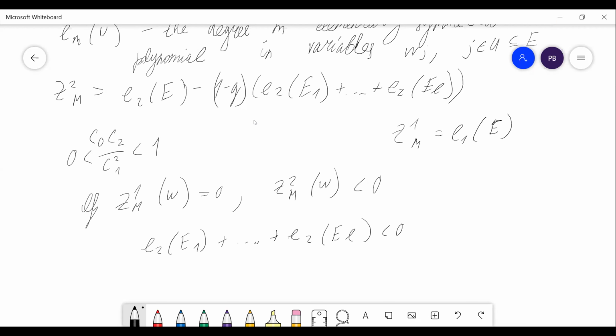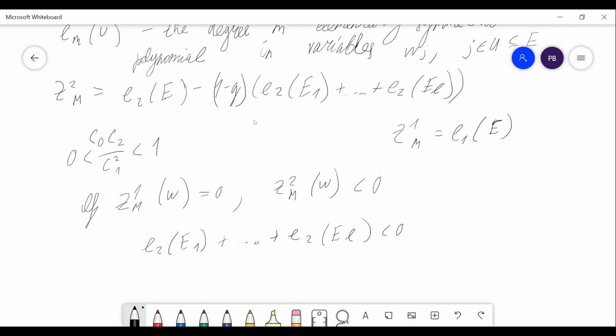And it's even nicer. Maybe I should write it as a theorem.